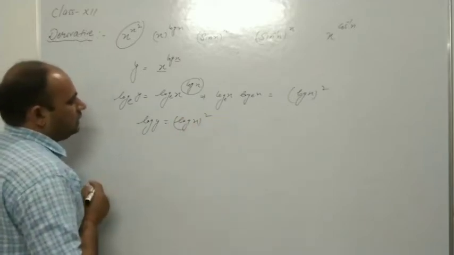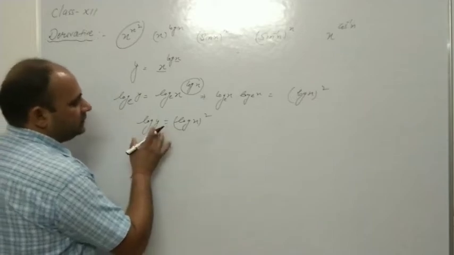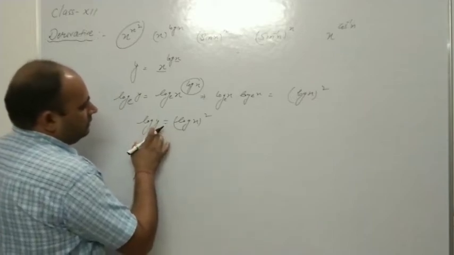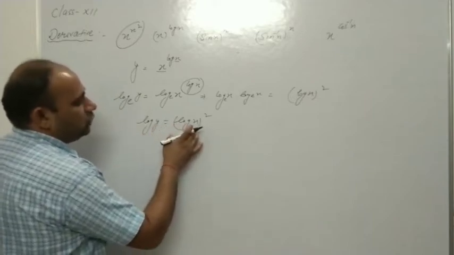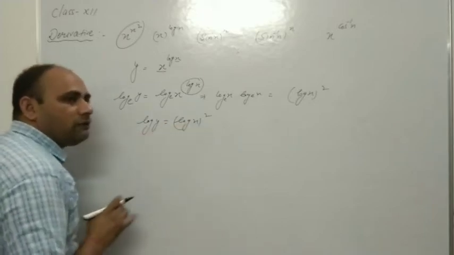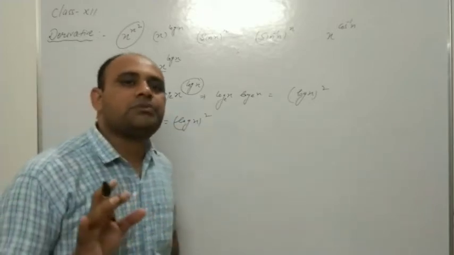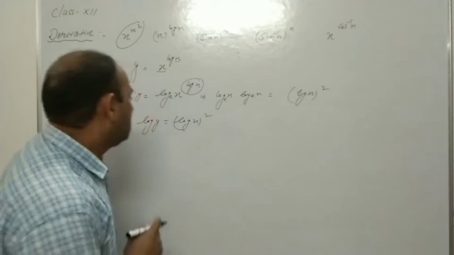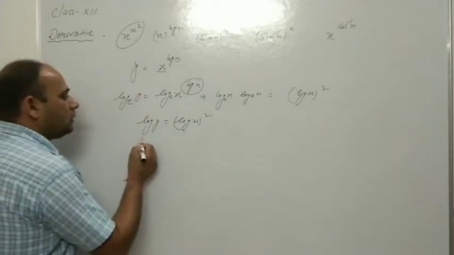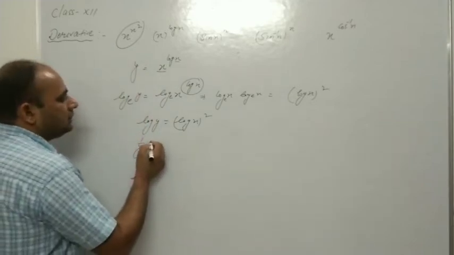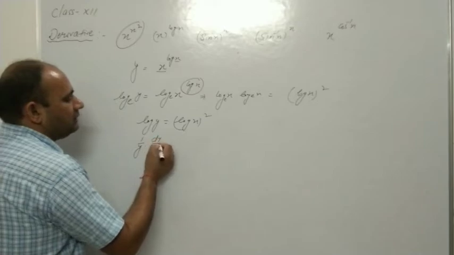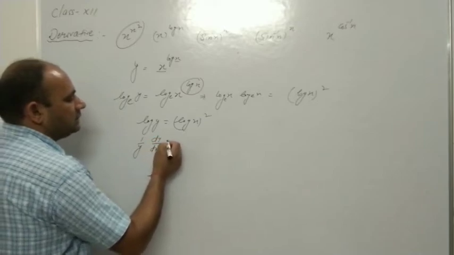Where it is natural, so we can write directly. Okay, log y is equal to (log x) whole squared. Now we will differentiate with respect to x. Derivative of log y is 1 upon y into dy by dx.